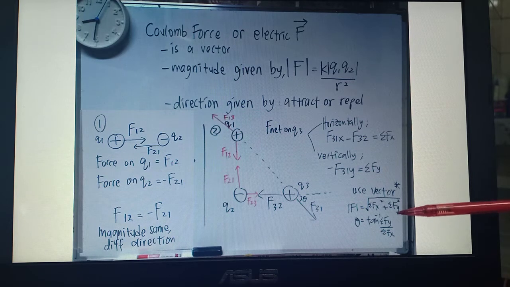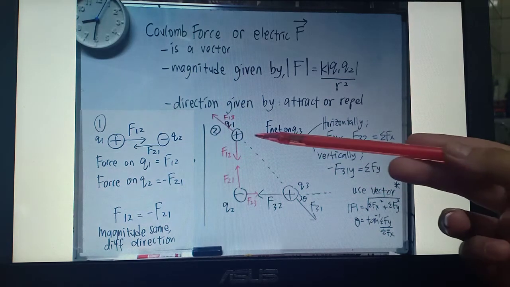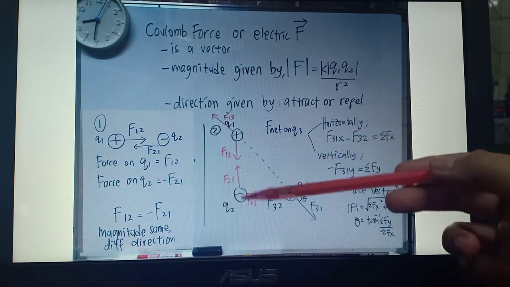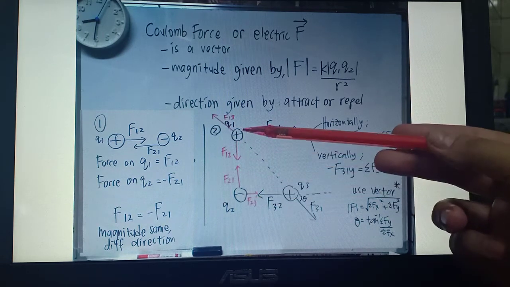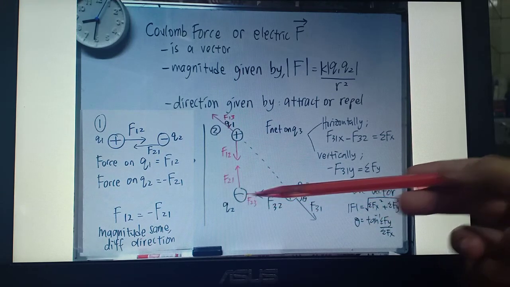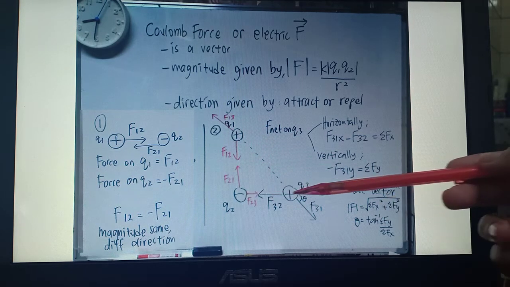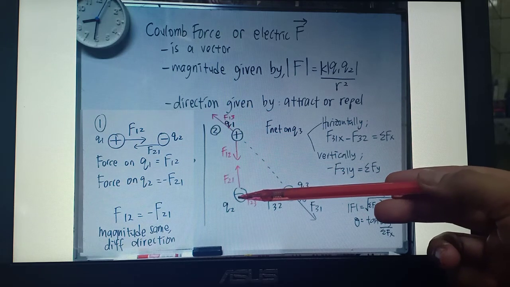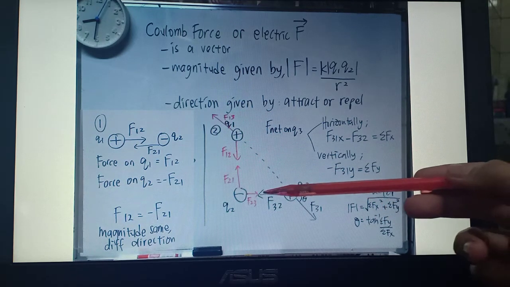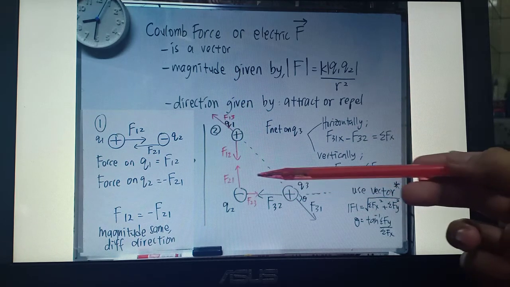The question may also ask for the force on Q1 or on Q2, so do each separately. On Q2, F23 depends on charge 2 and charge 3. Charge 2 is negative and charge 3 is positive, so charge 2 is attracted to charge 3 and goes in this direction.